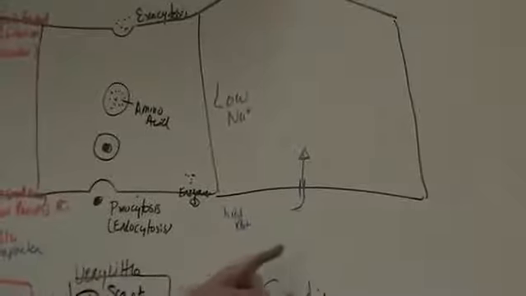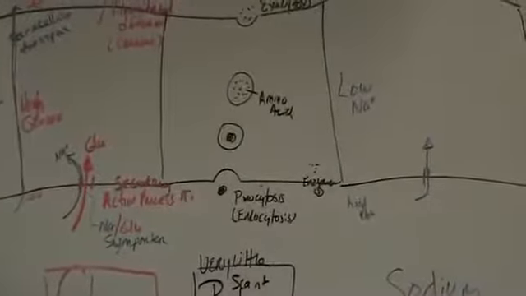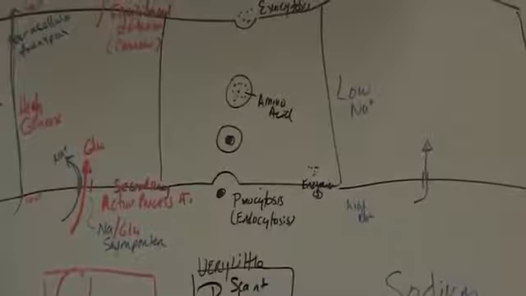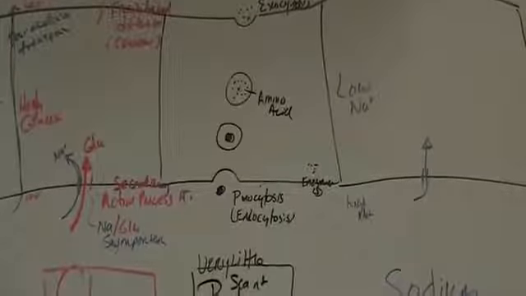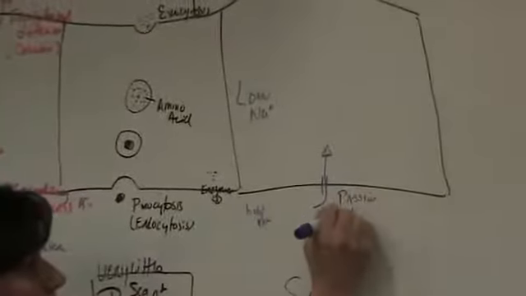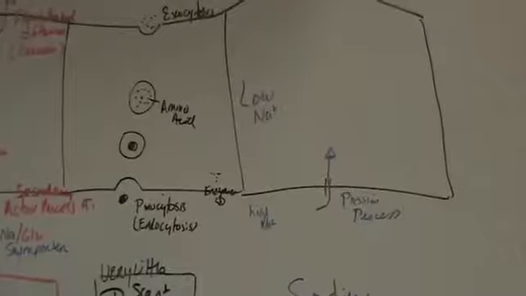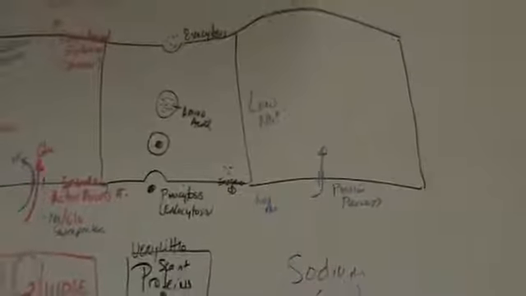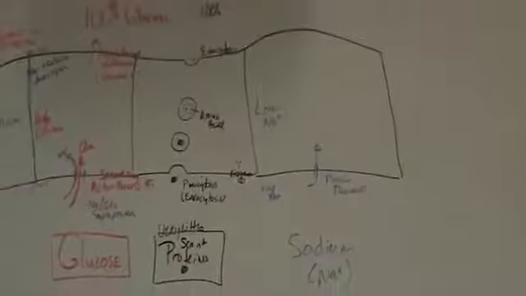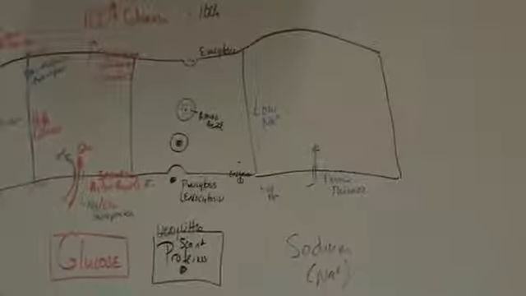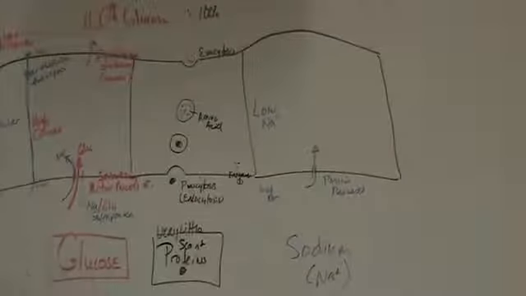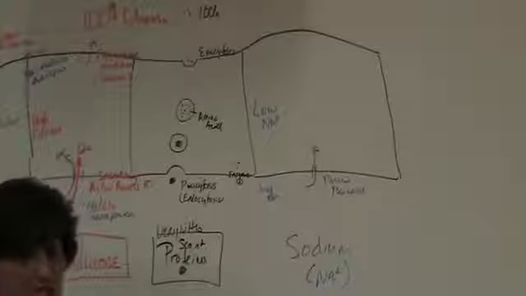It could be a little channel that it moves through. There's lots of varieties. We're not going to get all those varieties. But we know it's a relatively passive process here, because the substance, in this case sodium, is moving down its concentration gradient. So there's a variety of proteins that will allow that movement to happen. We just saw one of those right here. All right? So sodium's in.